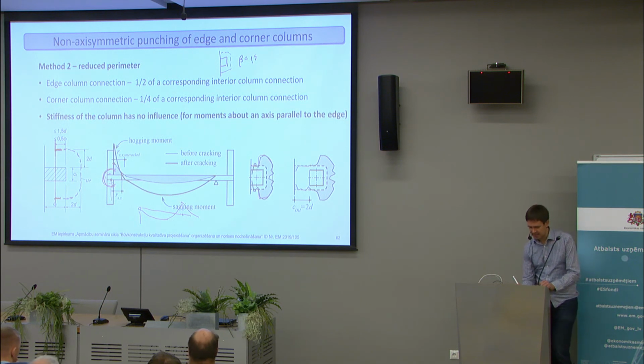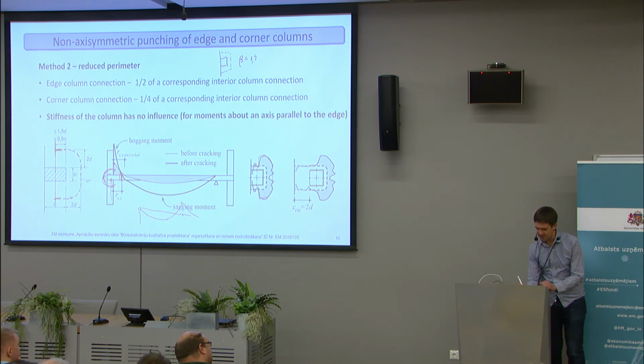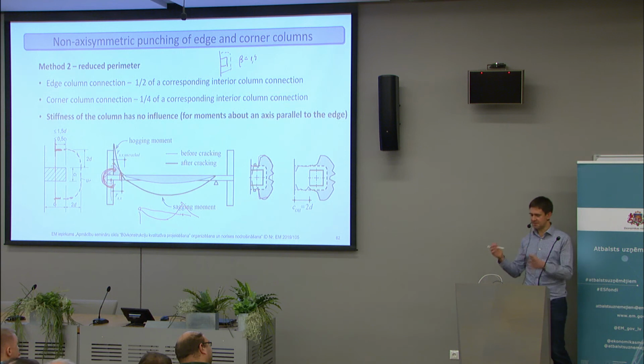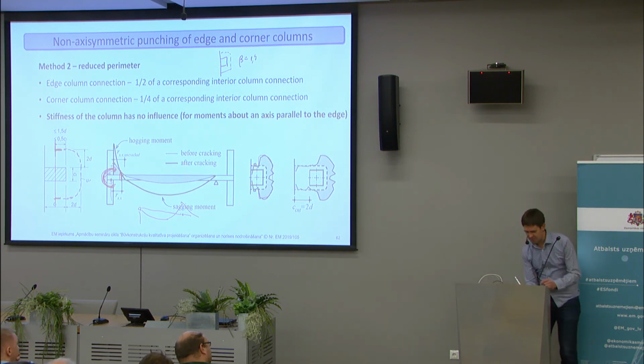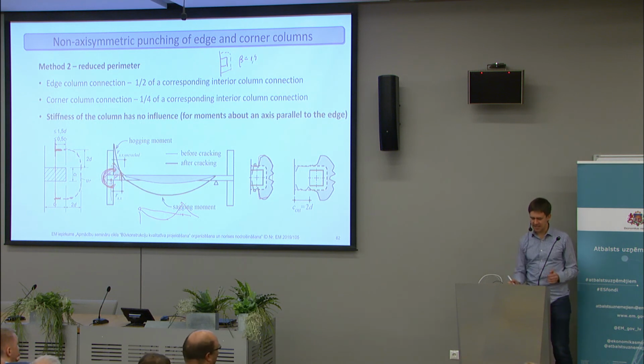And as we saw before, when the shear slenderness or the size of the hogging moment area decreases, the punching strength increases. So if you have a larger moment from the column to the slab, so a stiffer connection, you have wider cracks on top, so you reduce the punching capacity.